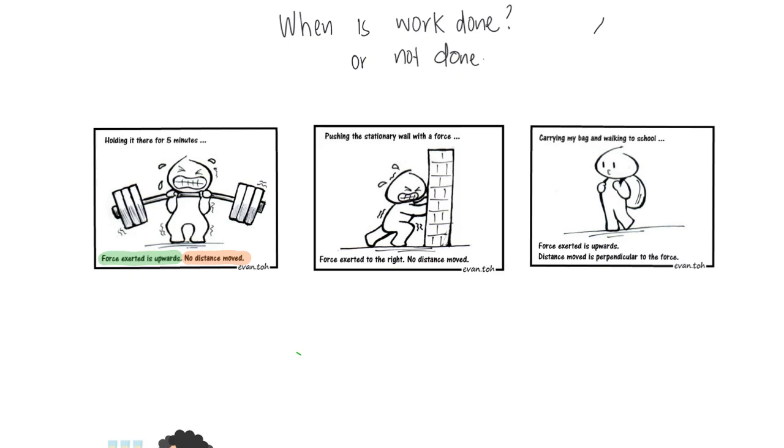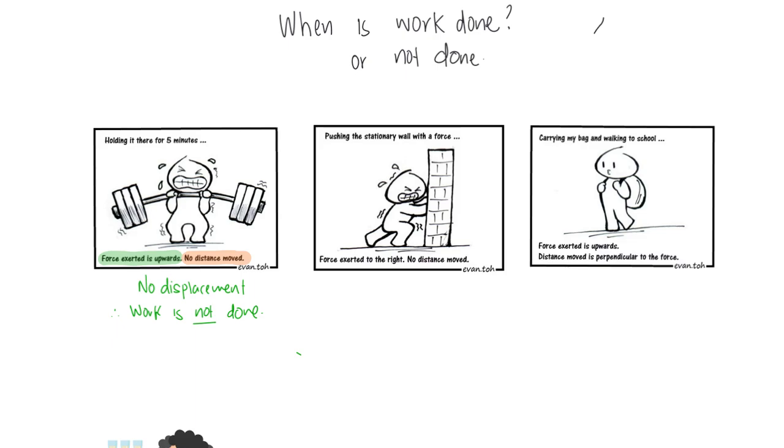Because there is no displacement, we must say that work is not done. Now, this is only in the context of this topic. Yes, if you were at the gym doing an activity like this, you would be consuming energy. But in the context of physics, we say that work is not being done.